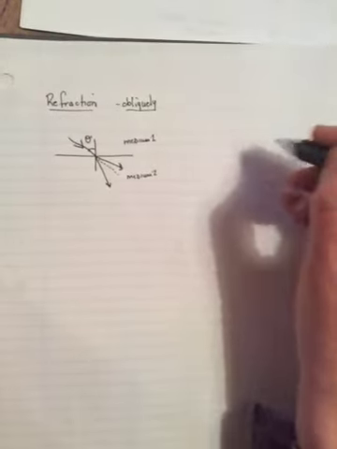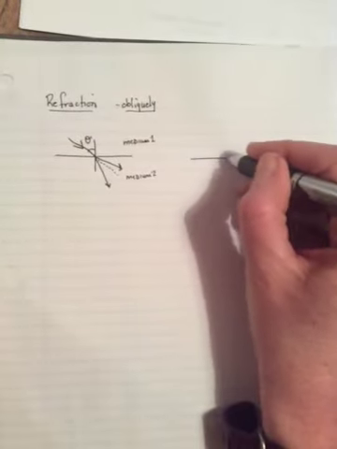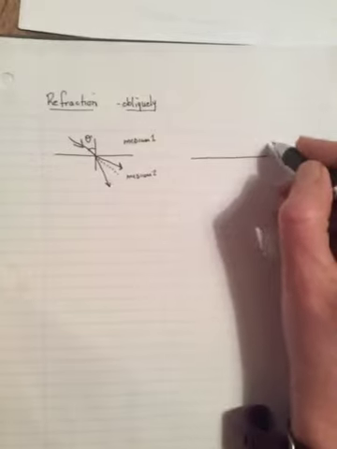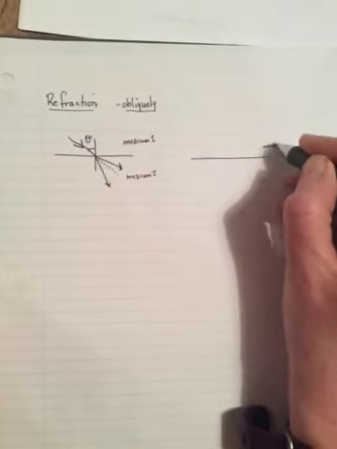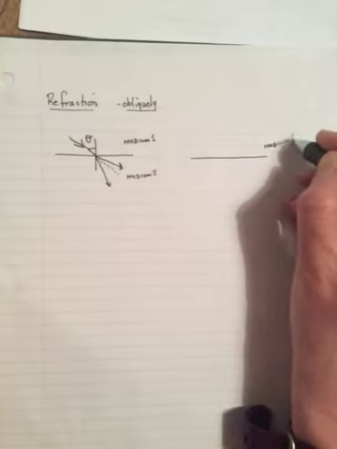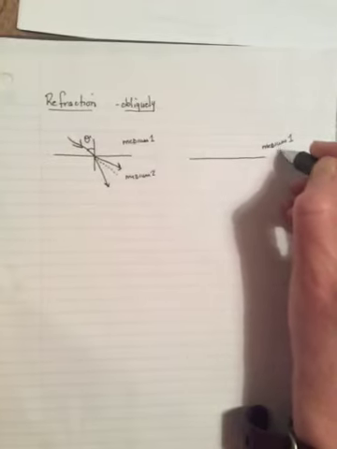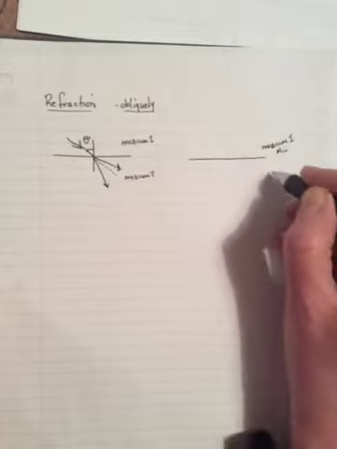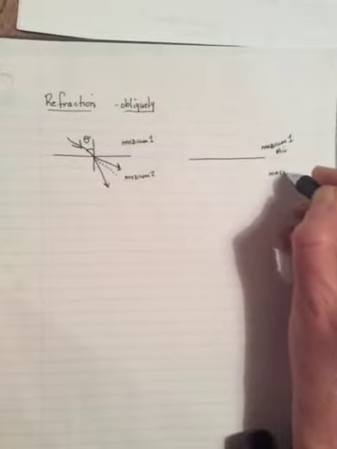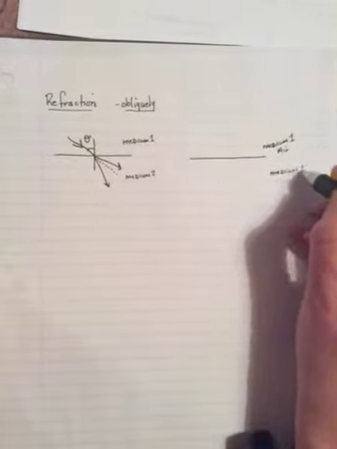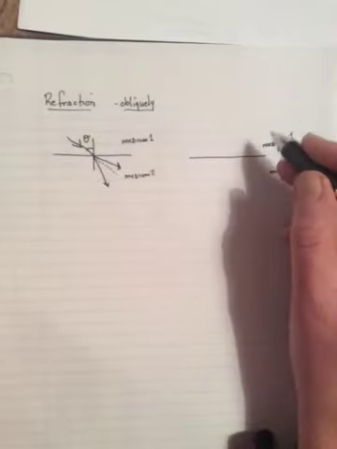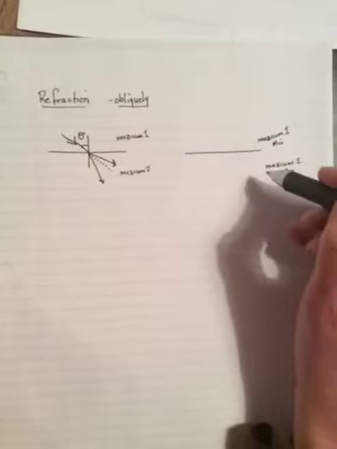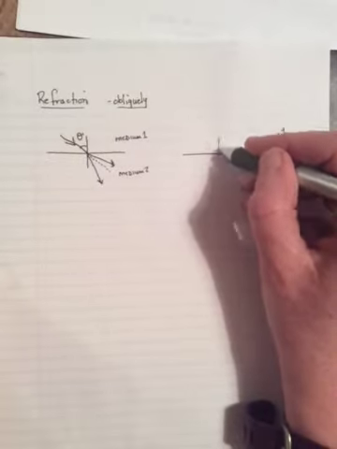So let's say, we'll draw our surface again, and let's say that up here, medium 1 is something like air. And let's say medium 2 is something like water. It means in this particular case it's going from less dense to more dense.